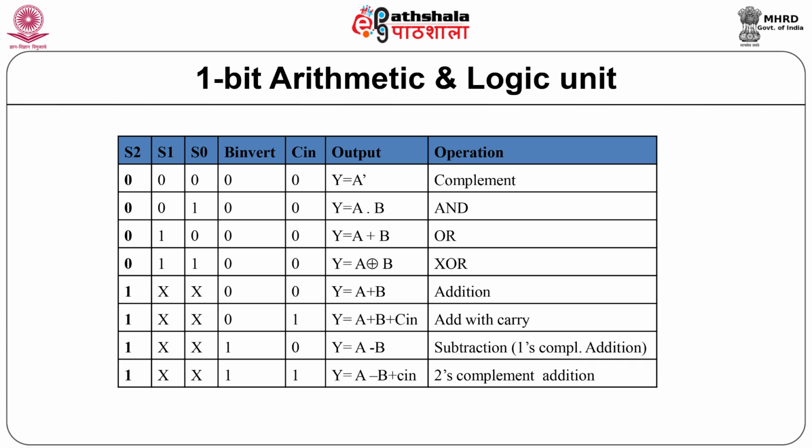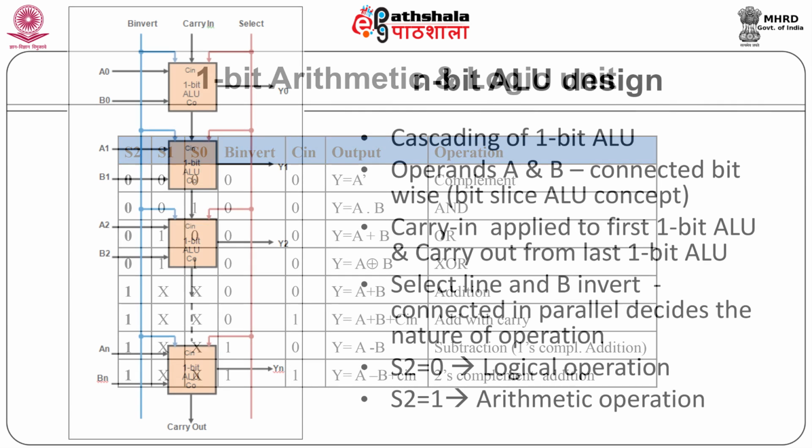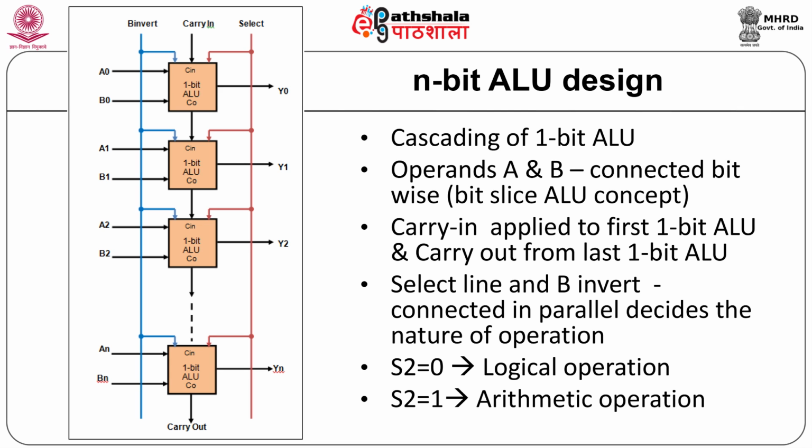From the design of 1-bit ALU and function table, it is clear that it is possible to perform addition as well as subtraction through an ALU. Let us consider the design of n-bit ALU. It is possible to cascade 1-bit ALU to construct n-bit ALU.